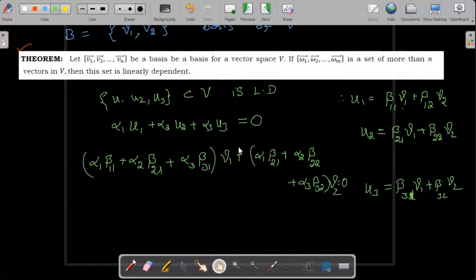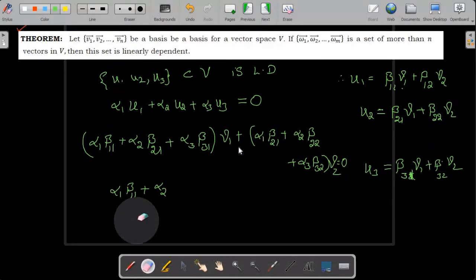Here the linear combination is 0, so this implies that the scalars are also 0. Why? Because v1, v2 are linearly independent. So each coefficient equals 0, similarly for the other.